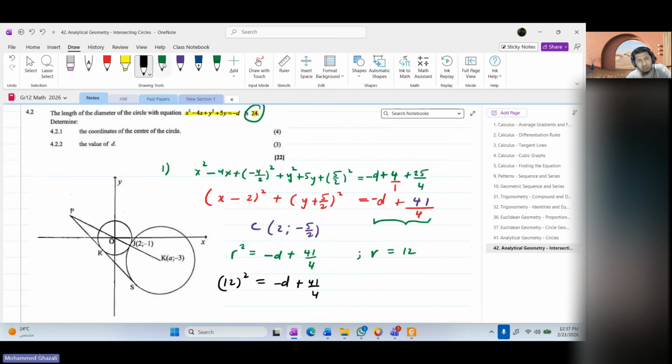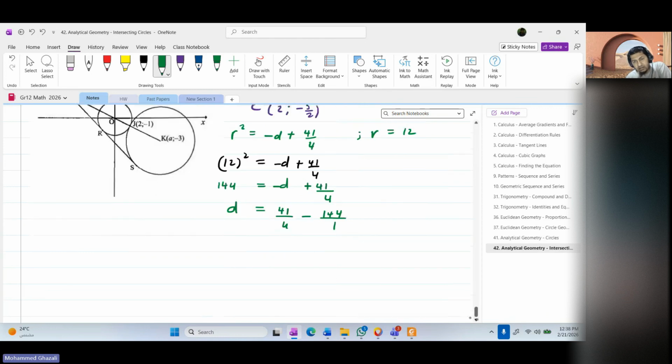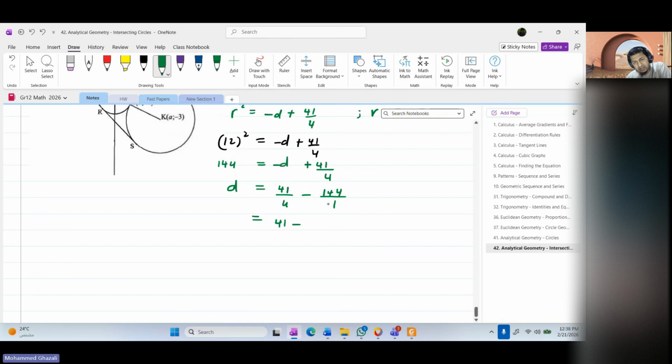Now 12 squared is 144, which is negative d plus 41 over 4. So take the d over and take this 144 to the other side. So 41 over 4 minus 144 over 1. So you got 41 minus 144 times 4.